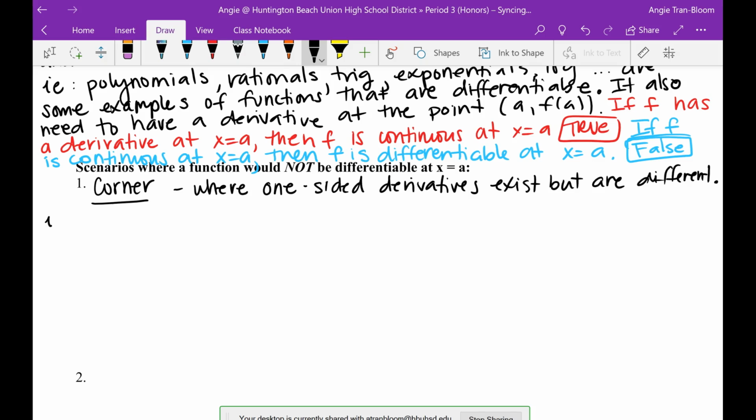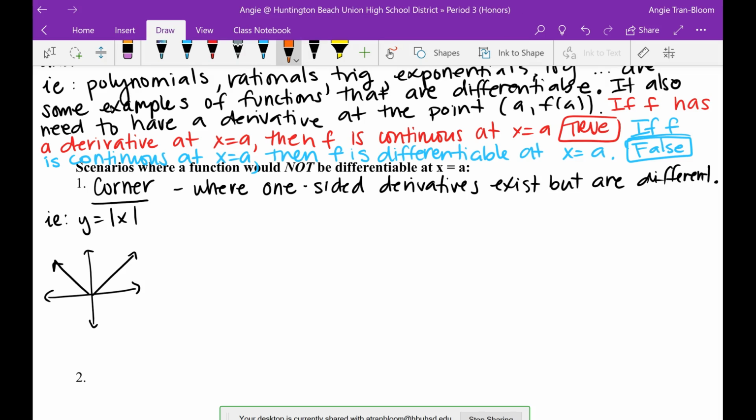Okay, fine. Since Randall loves absolute value, here we go. Absolute value of x. As you can see, this is going to be a V-shaped curve. The problem is really when x equals 0. This is what we meant by the derivative existing from the left or from the right, except that they are different. I'm going to start with the left first.